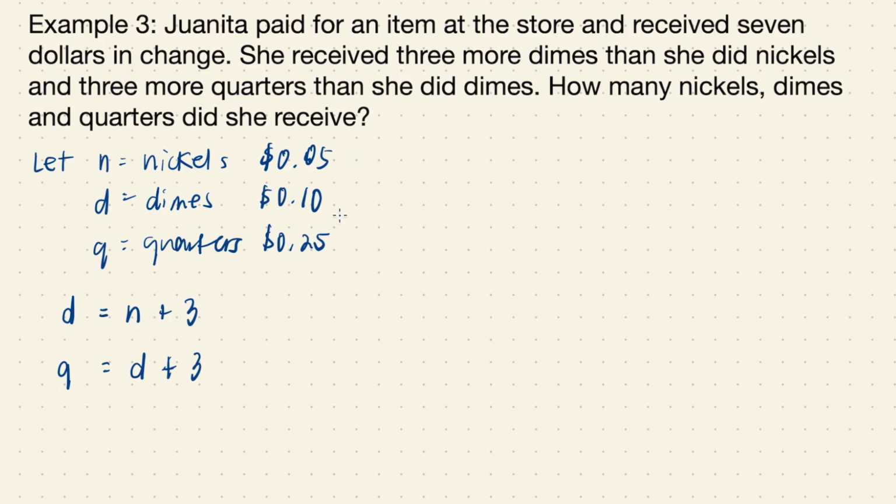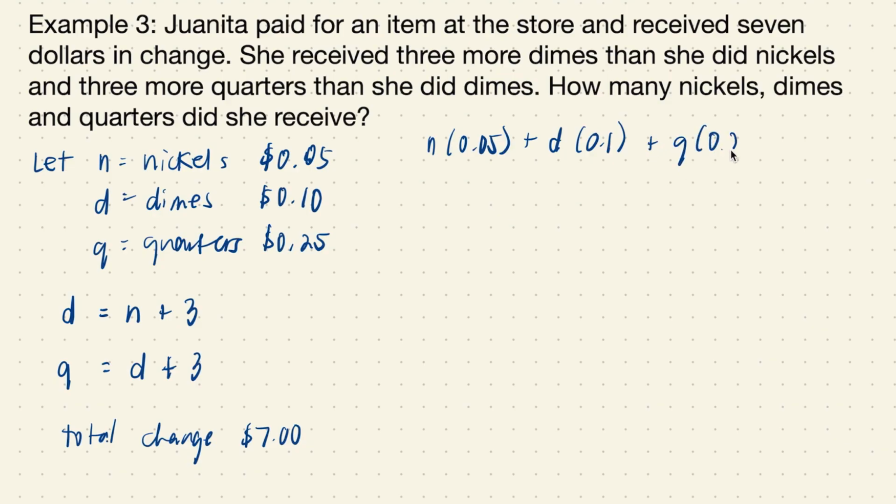So if the total change is $7, how are we going to identify how many nickels, dimes, and quarters? We set up the equation with the number of nickels n times 0.05 plus the dimes 0.1 and then the quarters 0.25 is equal to $7.